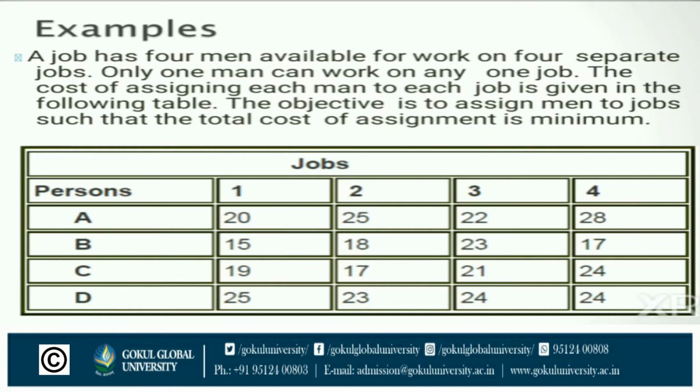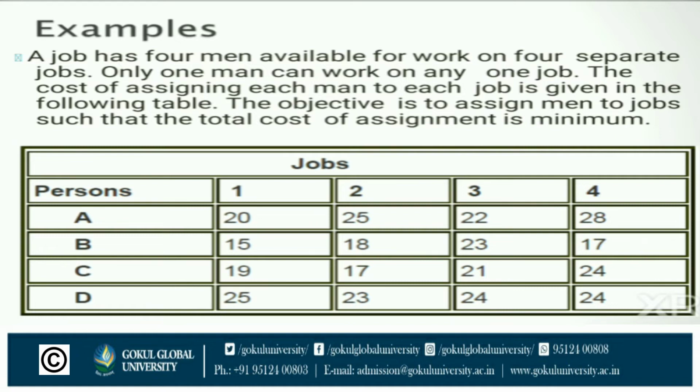All entries of the cost matrix: first row 20, 25, 22, 28. Second row 15, 18, 23, 17. Third row 19, 17, 21, 24, and last row 25, 23, 24 and 24.